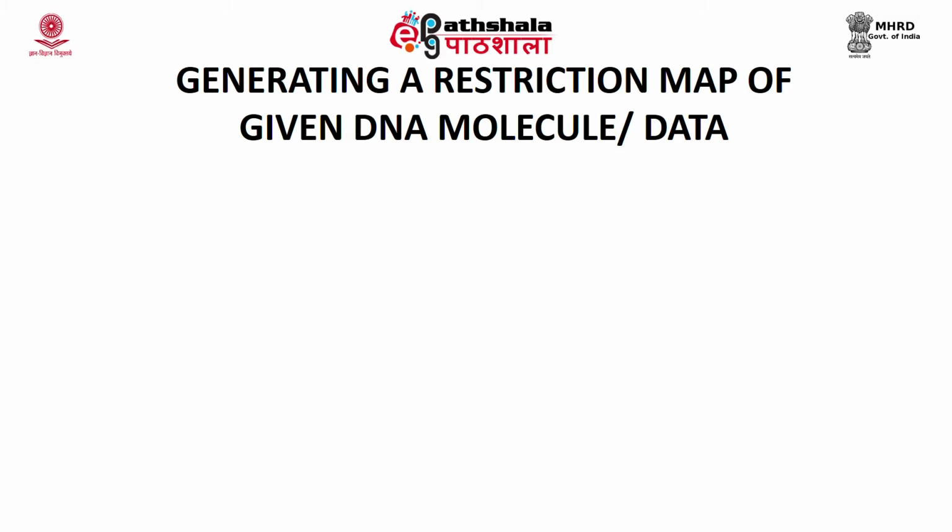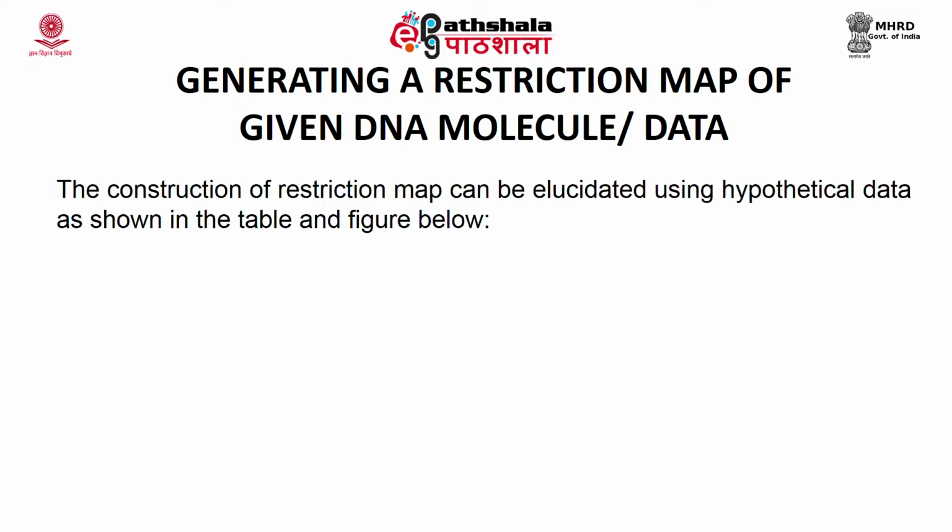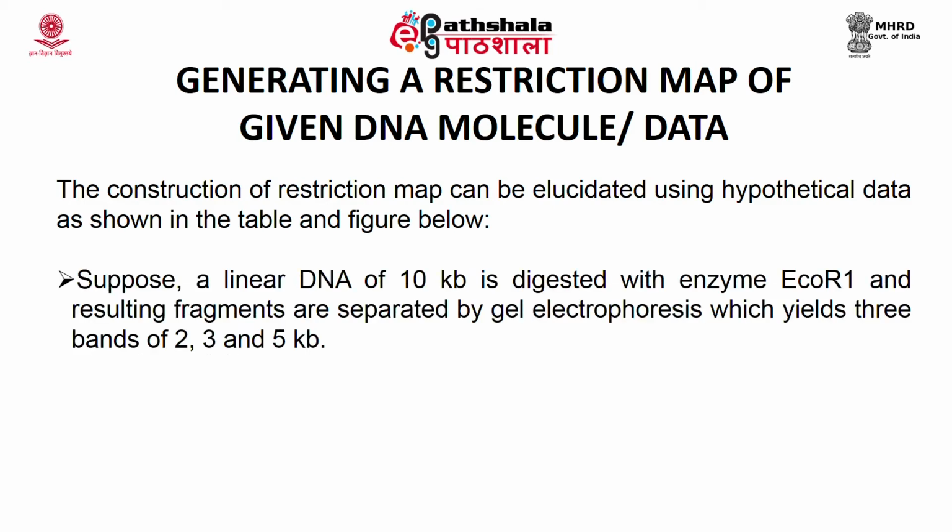Generating a restriction map on a given DNA molecule. The construction of a restriction map can be elucidated using hypothetical data as shown in the table and figure below. Suppose a linear DNA of 10 kilobase pairs is digested with enzyme EcoR1 and the resulting fragments are separated by gel electrophoresis, which yields 3 bands of 2, 3 and 5 kb.